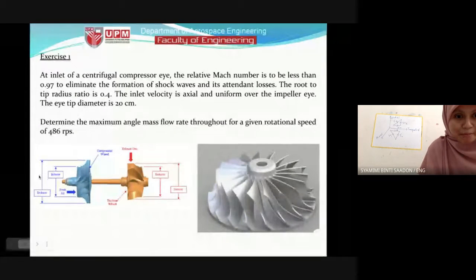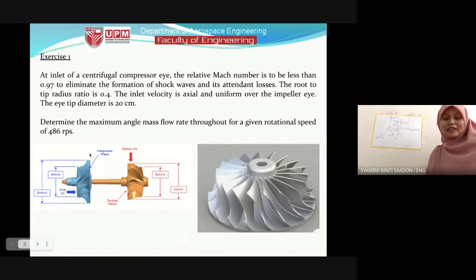The eye tip diameter is the whole of this, the inducer disc, which is 20 centimeter. So just now we had the ratio, and this time it is the diameter.